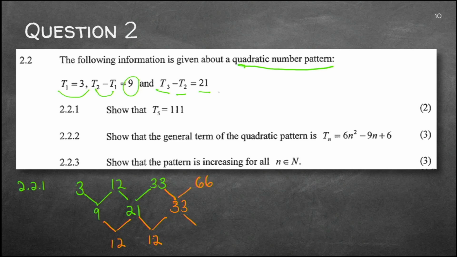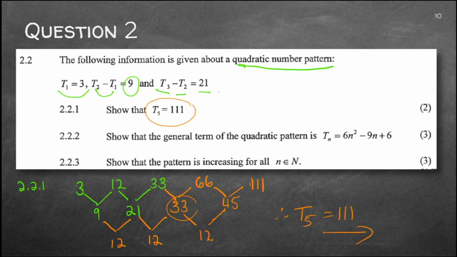Now again, add 12, because I can see we need to get to the fifth term. So if we add 12 to this 33 here, and we continue on with this pattern, we'll get 45. Again, 66 plus 45 would give you 111. Therefore, term 5 is actually 111.